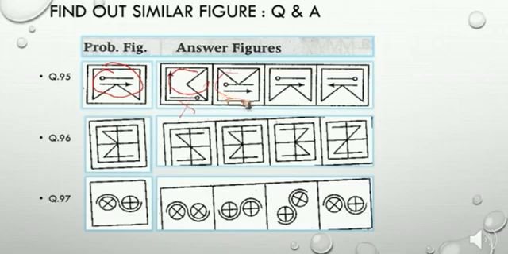This portion is not matching because this line is not available in the problem figure. Option 3 is matching, and this portion is not matching because the direction of the arrow is reversed. So option 3 is the correct answer.